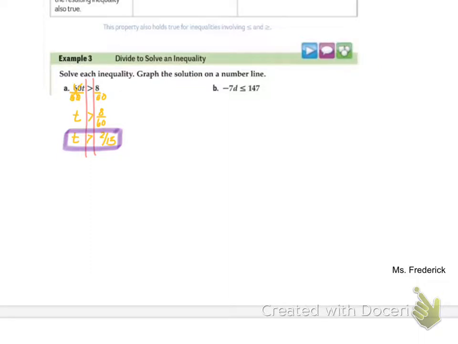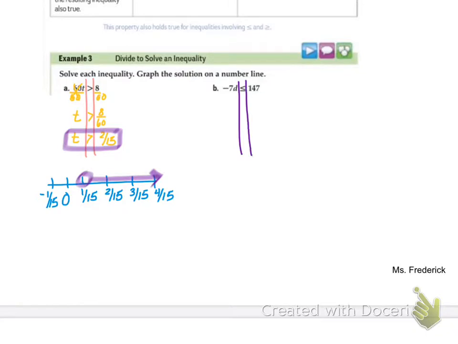In this example, we left the sign the same because we did not multiply or divide by a negative. Then it asks us to graph the solution on a number line. I just write out a bunch of 15ths. Since it is greater than, it is pointing towards the right, so I'm going to put an open circle and point it towards the right as well.